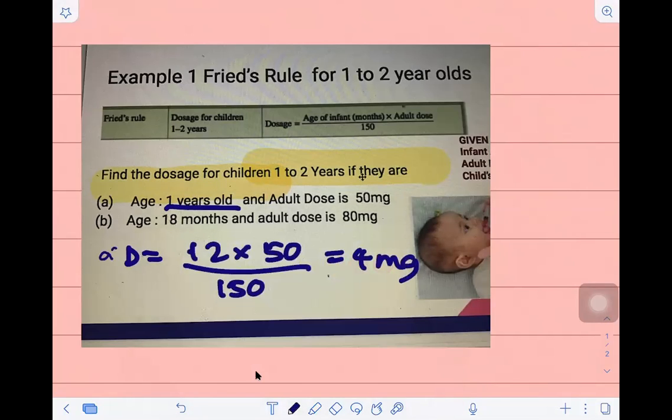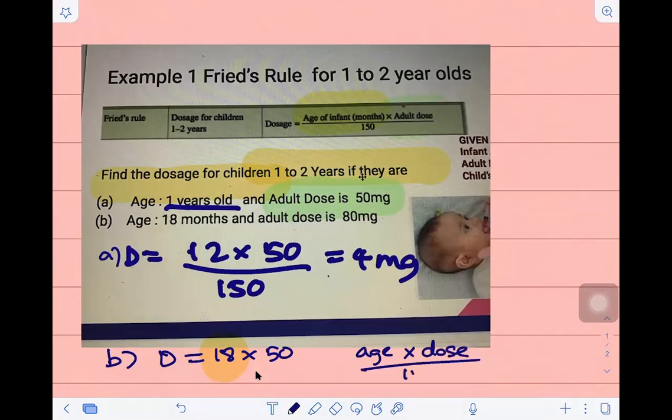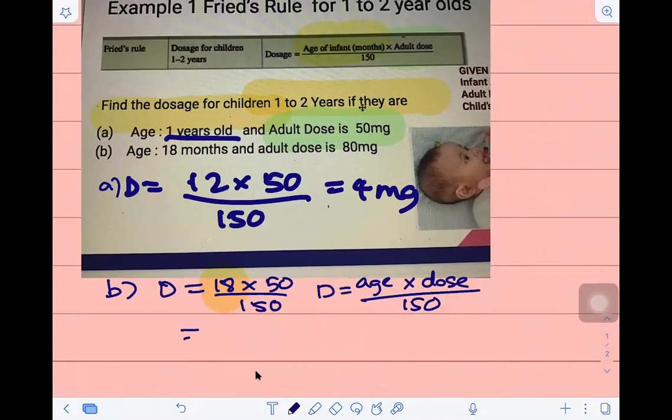Okay, so that's A. If you look at part B, you've got 18 months, so you put the 18 where the months is, and then you times it by the adult dose, which is 50. So it's the age of the child times the adult dose, and then it is over 150. That's the formula for the dose. When you figure that out, you end up with 6 milligrams.